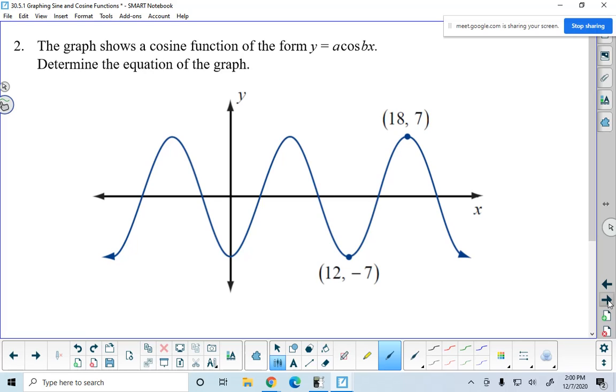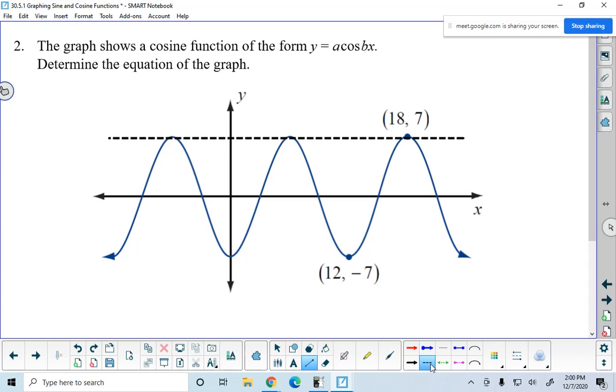Number 2, we want to determine the equation of this function. This is very close to the question you're going to get on a written response assignment. So I'm going to draw in a couple of grid lines, and we're going to tackle this together slowly.